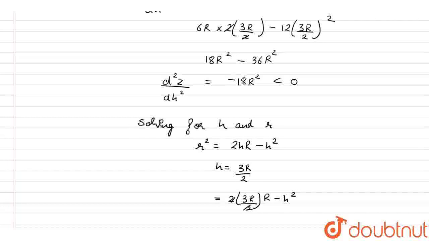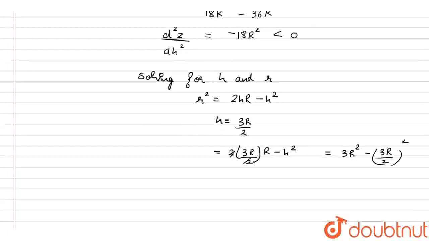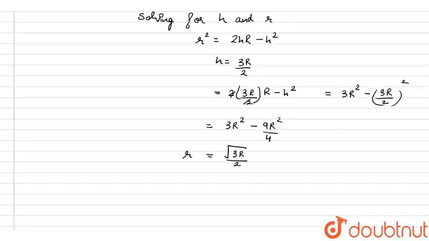This 2 will get cancelled to this 2. R into R square. This will become 3 capital R square minus, here also we'll put the value of h, 3R divided by 2 whole square. This will become 3R square minus 9R square divided by 4. After simplifying it, we'll get the value of small r to be under root of 3 capital R divided by 2. This is the value of small r.